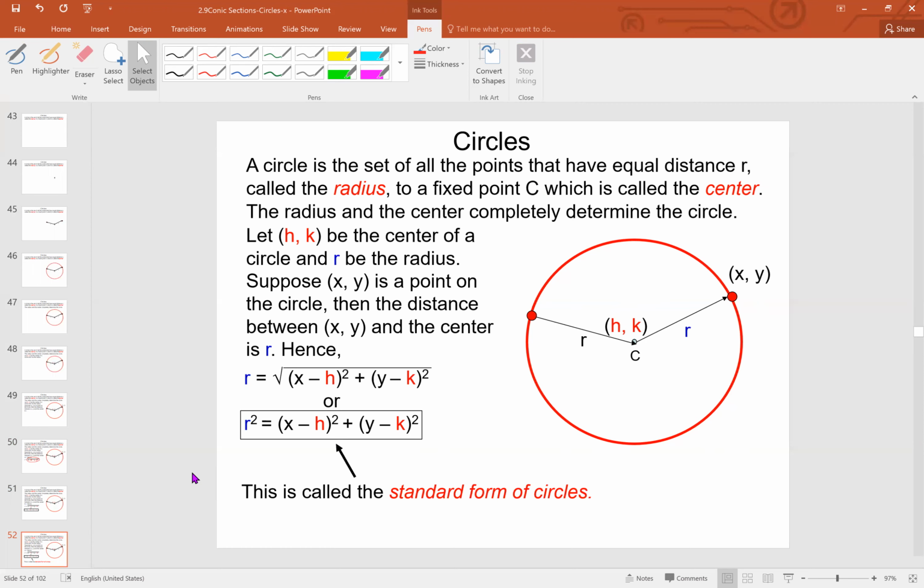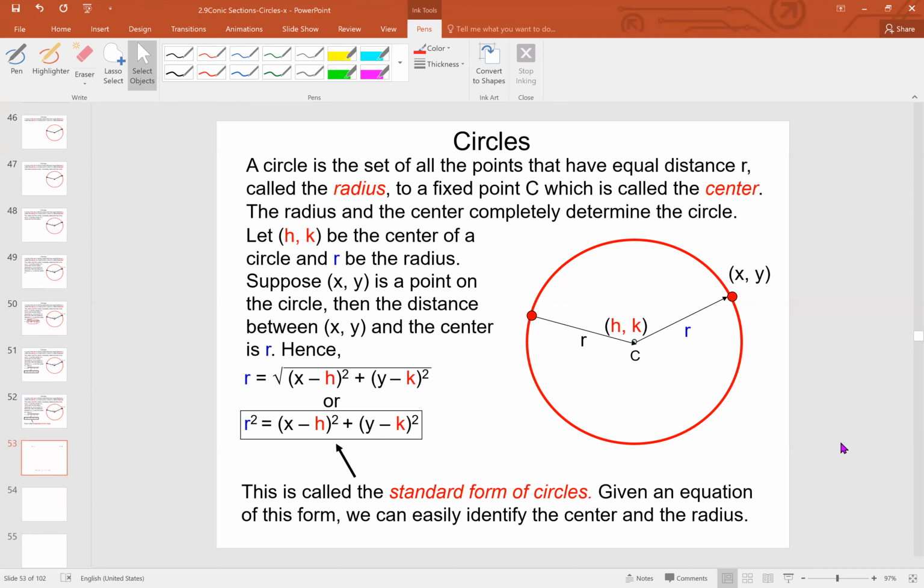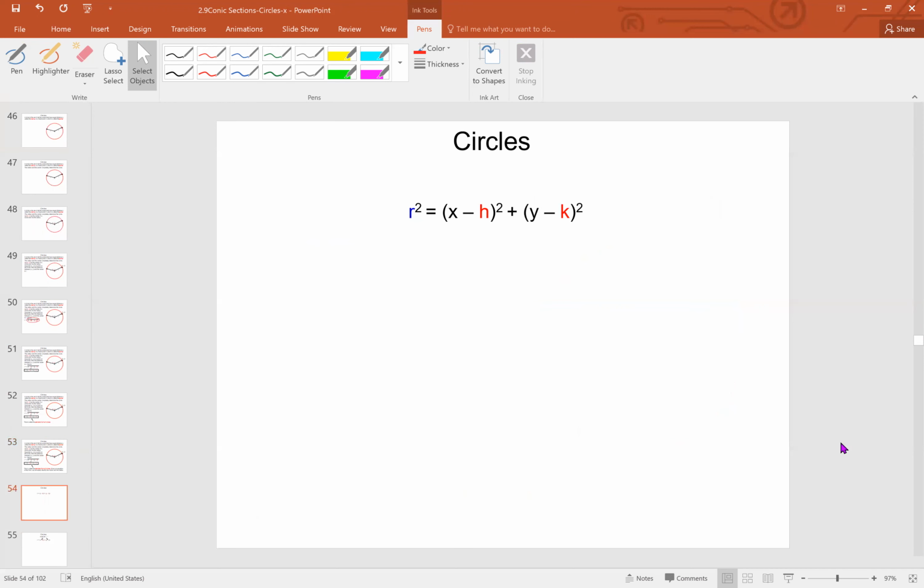Okay, why? Because if we have the formula in this format, then we can identify what the radius R is, and that the circle is centered at the point (h, k). Let's notice how we identify these equations.